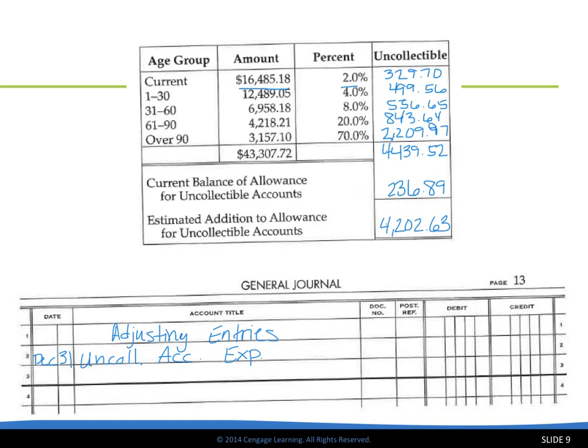And I'm going to hit the allowance for uncollectible accounts. Okay. My uncollectible accounts expense is a debit for the $4,202.63. And then I have a credit in my allowance for uncollectible accounts. Okay, and I have completed my journal entries.